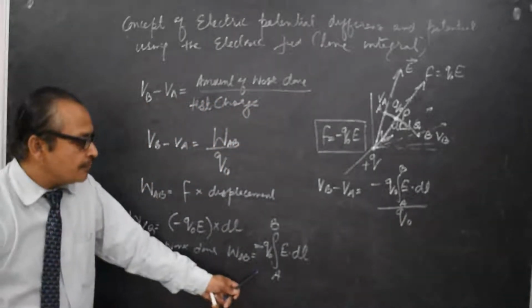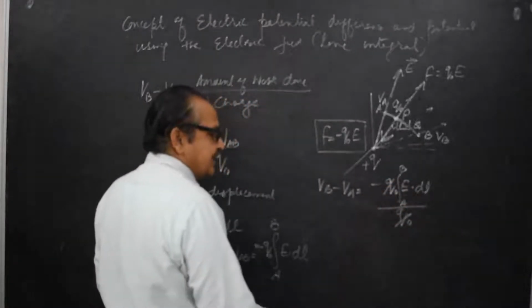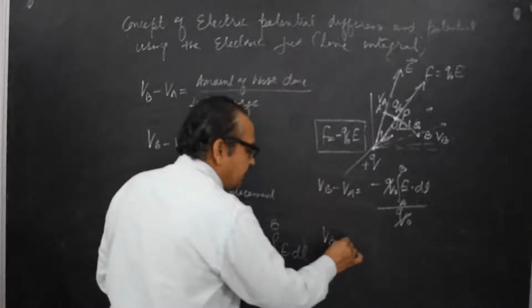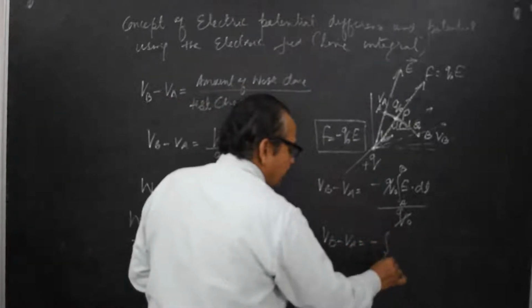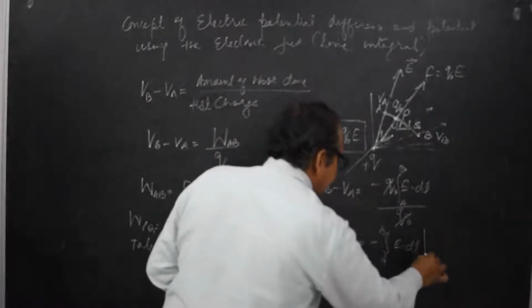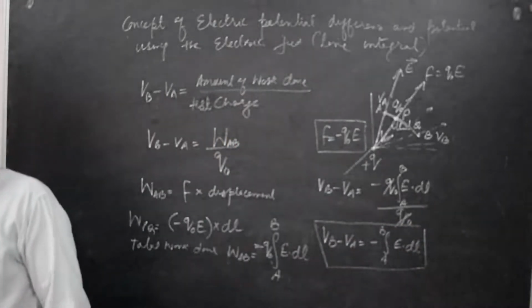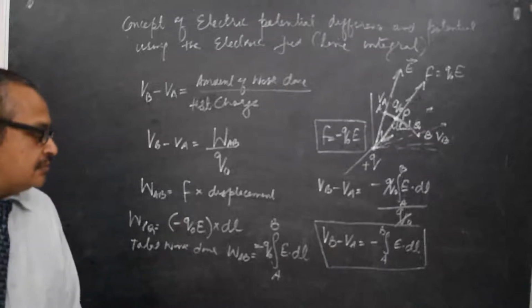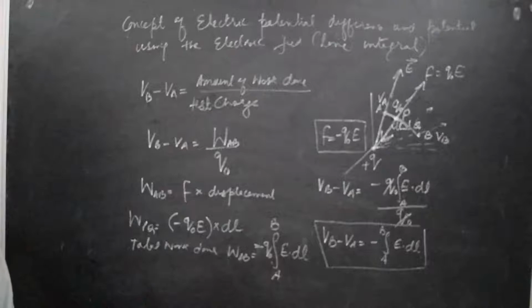So Q naught and Q naught get cancelled. So VB minus VA is equal to minus the integral of E dot dl. यहाँ से एक चीज बड़ी क्लियर हो गई कि लाइन इंटीग्रल का नेगेटिव, that is your potential difference.